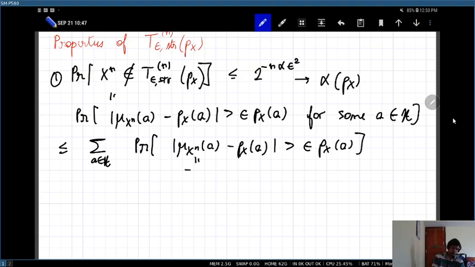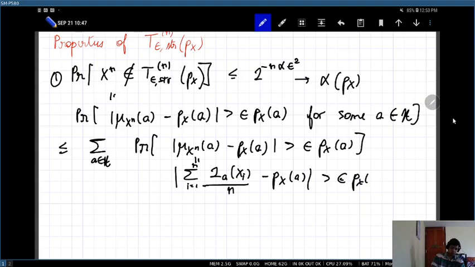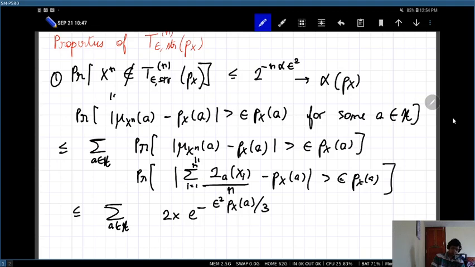It is this quantity, sum i going from 1 through n of the indicator of xi divided by n, minus px a greater than epsilon px of a, and simply using the Chernoff bound you get that this is less than or equal to sum over all a in x of 2 times e to the minus epsilon square times the mean, which is px of a, divided by 3.